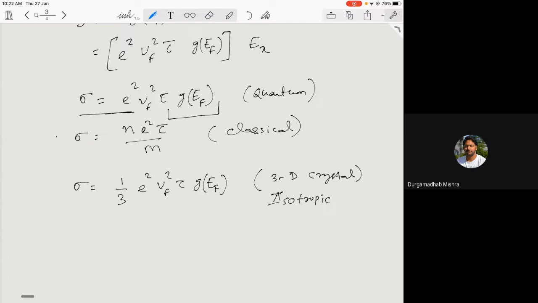So what is isotropic and anisotropic? Do you know the difference? Anyone? What is the difference between isotropic material and anisotropic material?